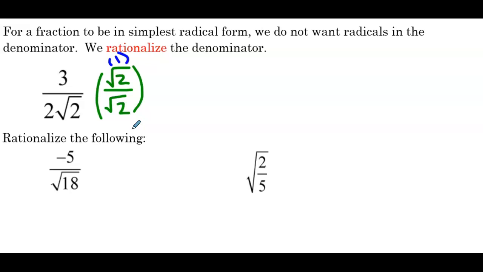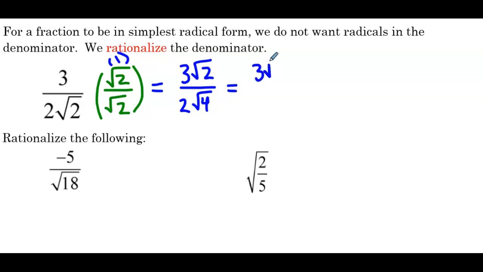So now we perform our multiplication, so we go across. So we have 3 times the square root of 2 over, so now we have multiplication of 2 terms with square roots. So we multiply their coefficients, so 2 times 1 is 2. Square root of 2 times the square root of 2, we multiply their radicands. We get the square root of 4.